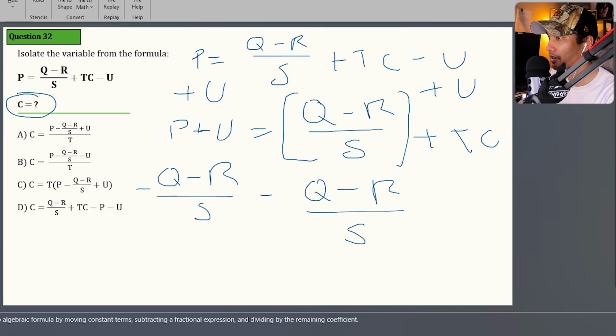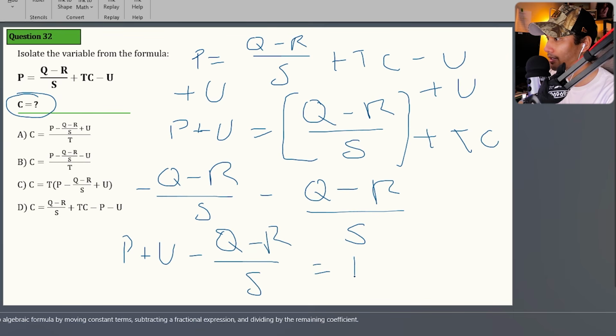We're going to put it to the other side, giving us P, oops, that's an R, P plus U minus, I'm going to do it like this, minus Q minus R over S equaling TC. And then the easiest thing to do now is just divide everything by T. That's it.